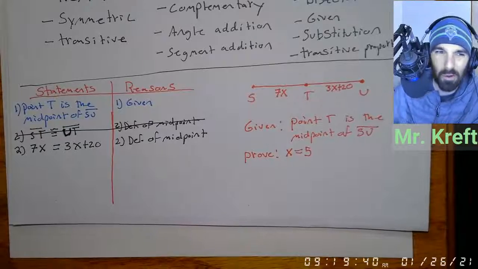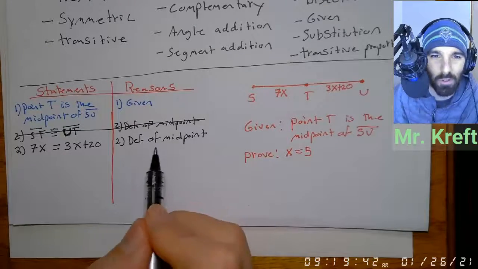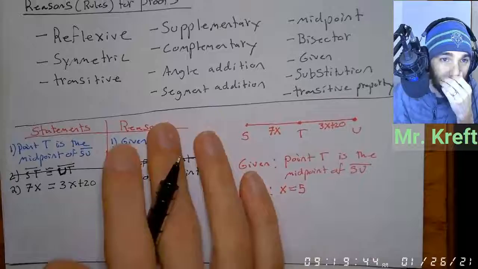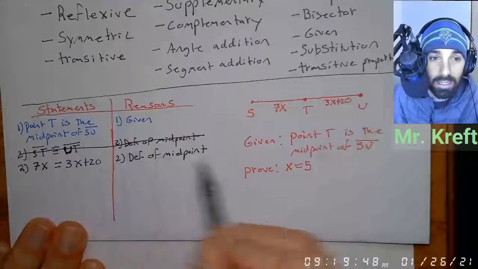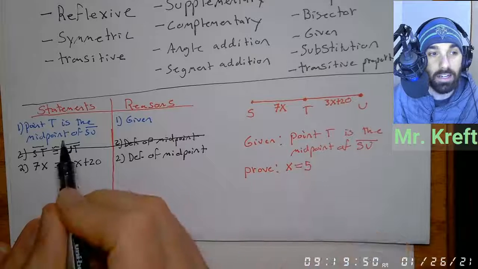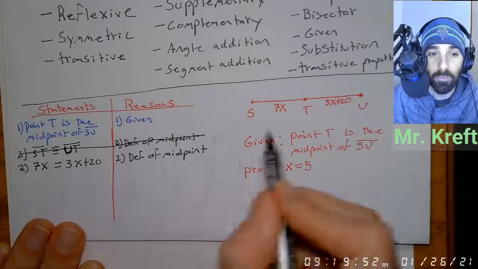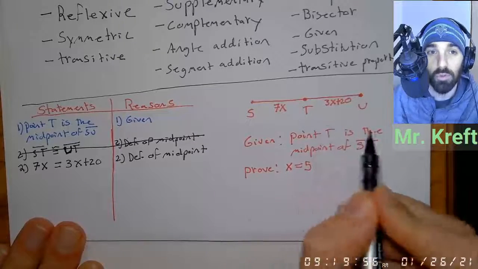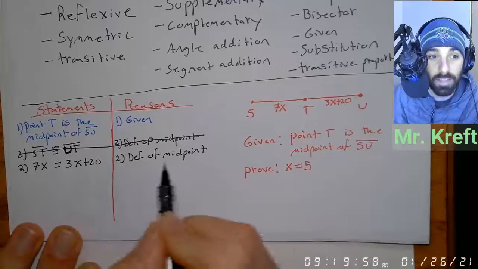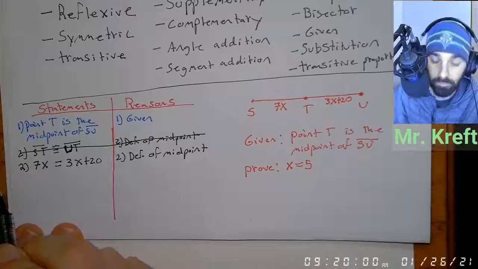Don't worry about the verbiage or what words are going in. You just want to get, do I have the right idea? So again, I knew I needed an equation with x in it. I see I have a midpoint in my given. That gives me an equation. The left side is going to equal the right side because that's what a midpoint is. That's the definition of a midpoint.